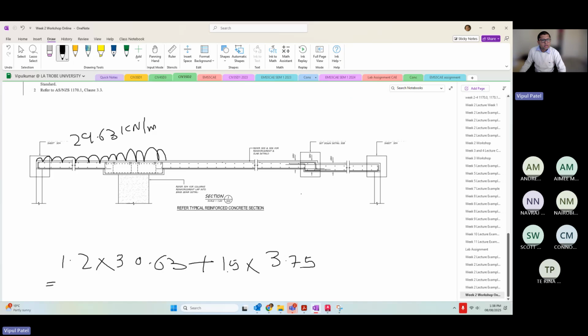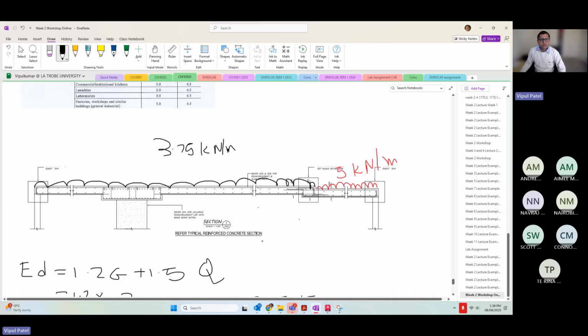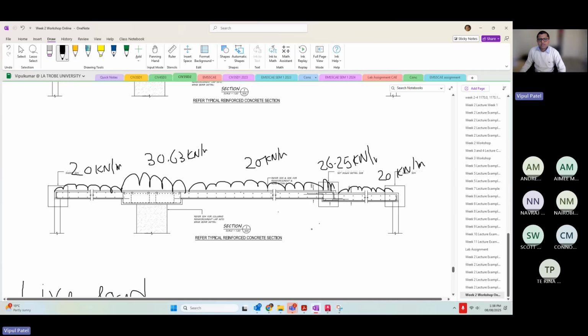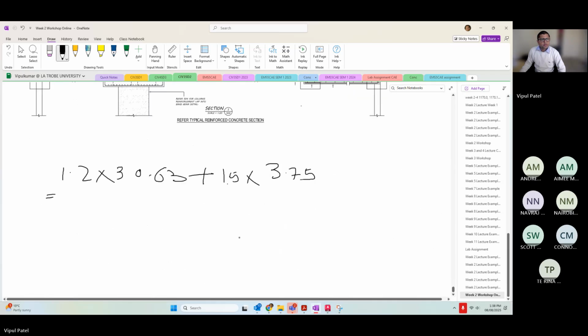This one here is 42.4 kilonewton per meter. Same thing here, 29.63 kilonewton per meter, because it is the same thickness up to here. In this zone, the thickness goes to 380, and there we have a dead load of 26.25.